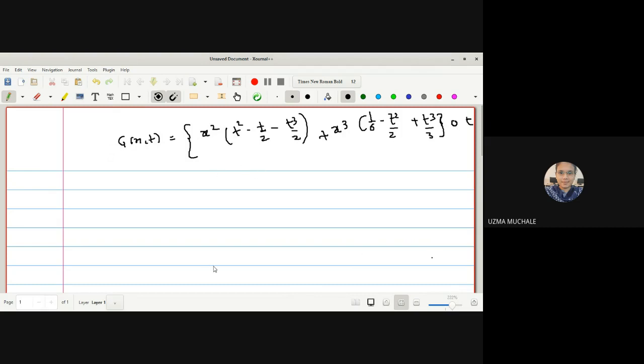and the next Green's function is exactly the same as above, but instead of t it is x, and instead of x it is t. I hope you understand.